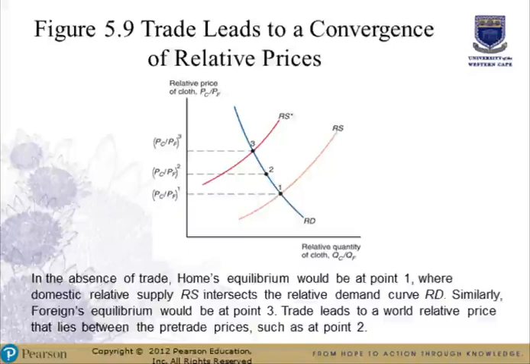Since cloth is relatively labor intensive, at each relative price of cloth to food, home will produce a higher ratio of cloth to food than foreign. Hence, home will have a larger relative supply of cloth to food than foreign, and the home relative supply curve lies to the right of the foreign relative supply curve as depicted in figure 5.9.